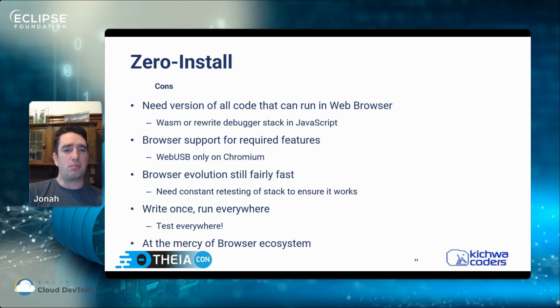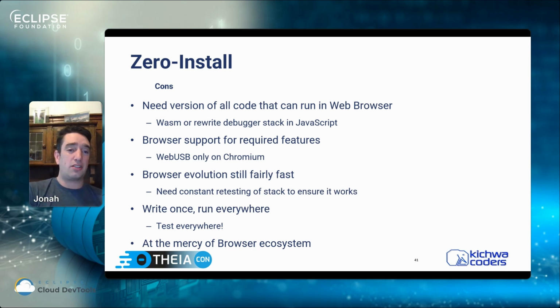Moving into browsers, browser evolution is fairly fast. You can take a program compiled in 2001 for Windows and it still works in 2024. But we need to constantly retest our debug stack on new versions of browsers to make sure it still works.